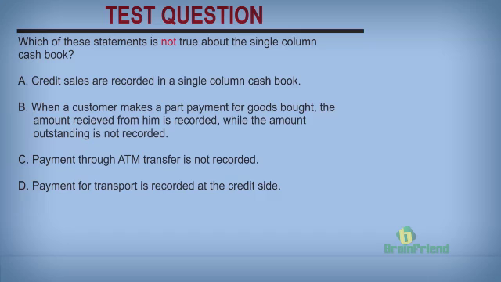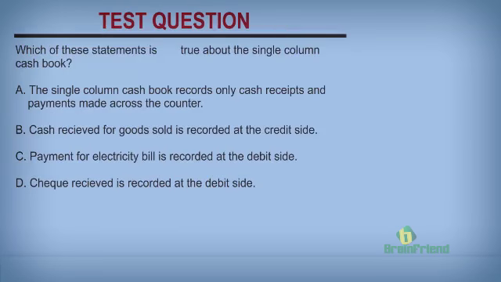B. When a customer makes a part payment for goods bought, the amount received from him is recorded while the amount outstanding is not recorded. C. Payment through ATM transfer is not recorded. D. Payment for transport is recorded at the credit side. So from what we have seen, A is not true.